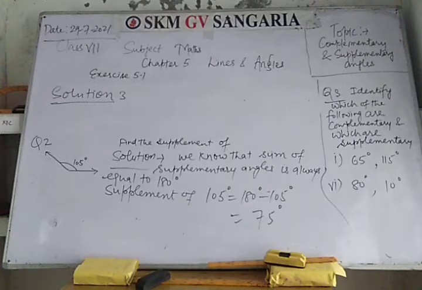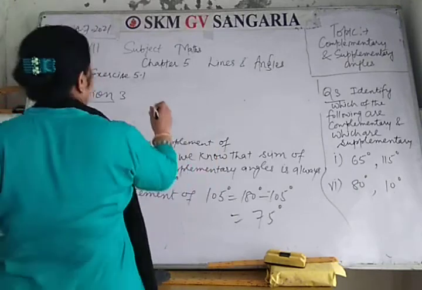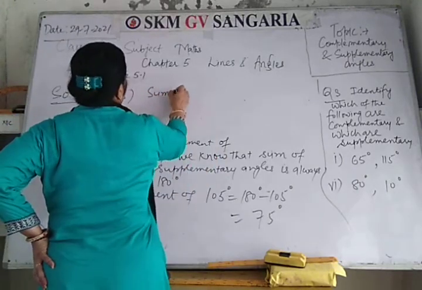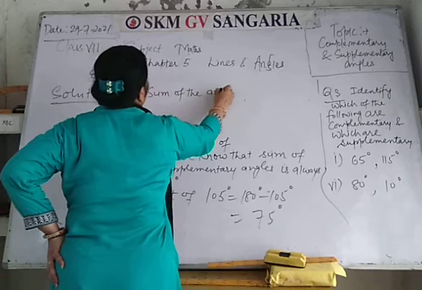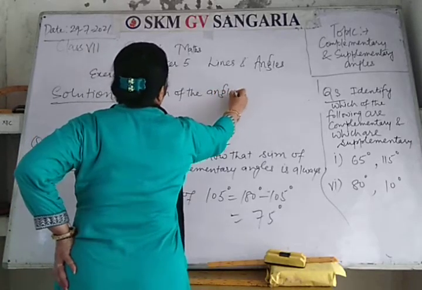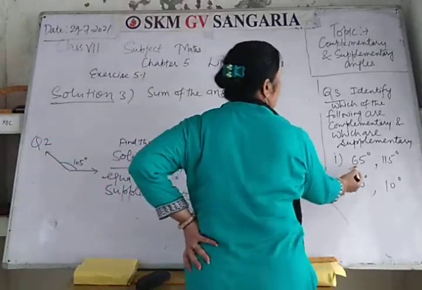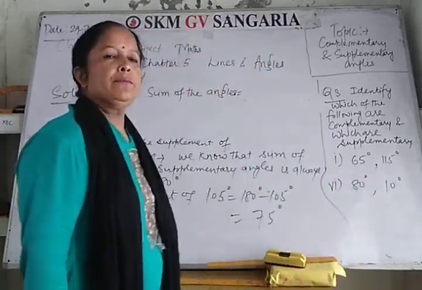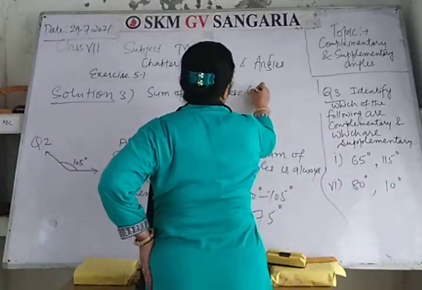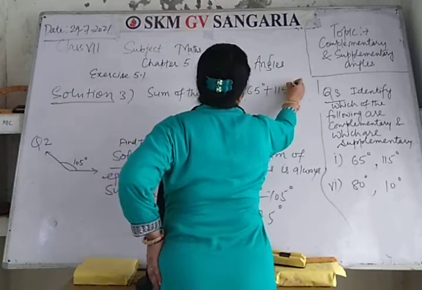If the sum of both angles is equal to 180 degree, the angles will be called supplementary angles. So first of all, the sum of the angles 65 degree and 115 degree.